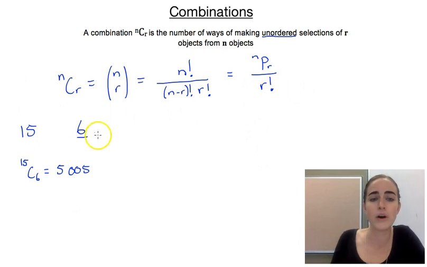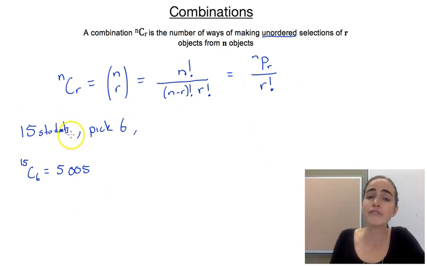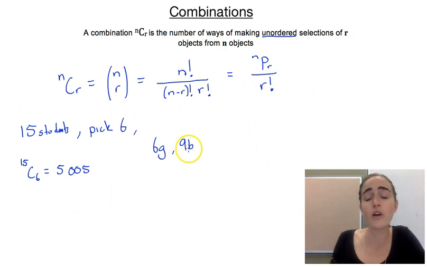Now, if I make the question more complicated, I've got 15 students and I still want to pick 6 of them. But this time, I'm going to tell you how many are boys and how many are girls. In this next question, there are 6 girls, which leaves us with 9 boys, and I want to pick 3 girls and 3 boys.